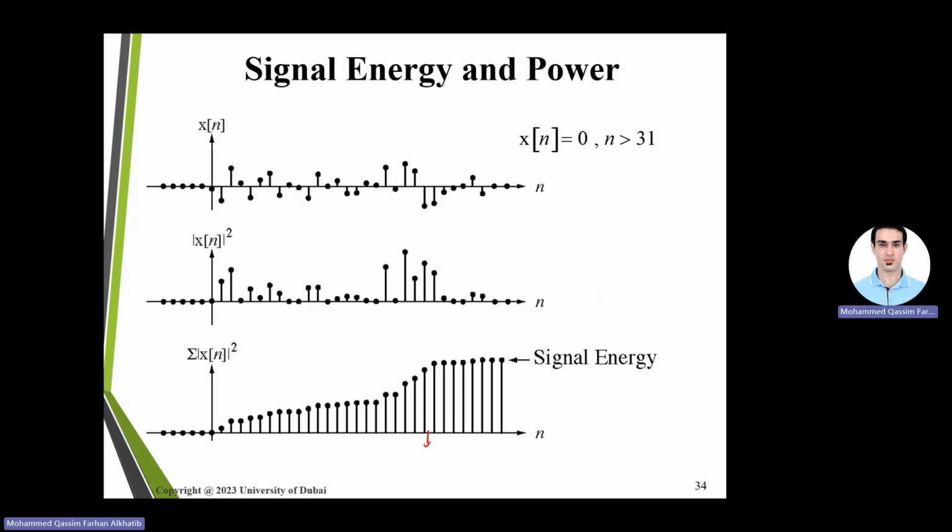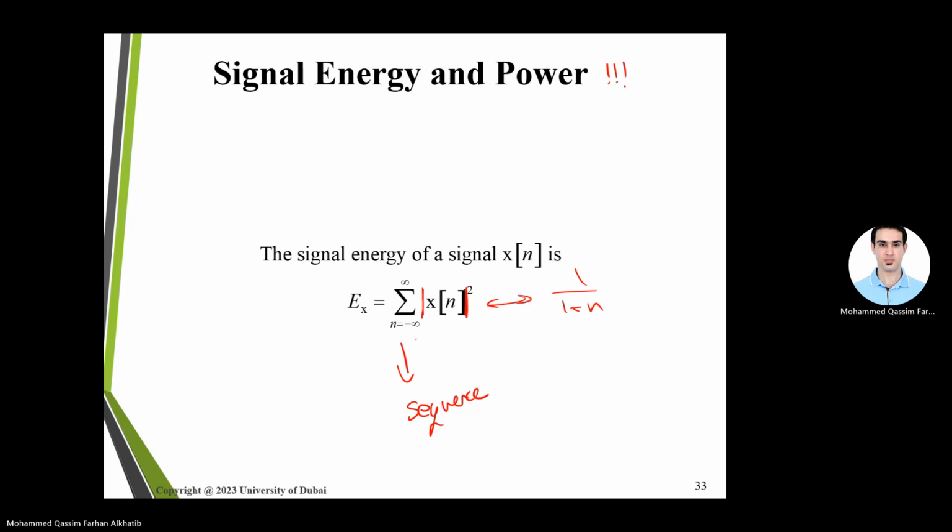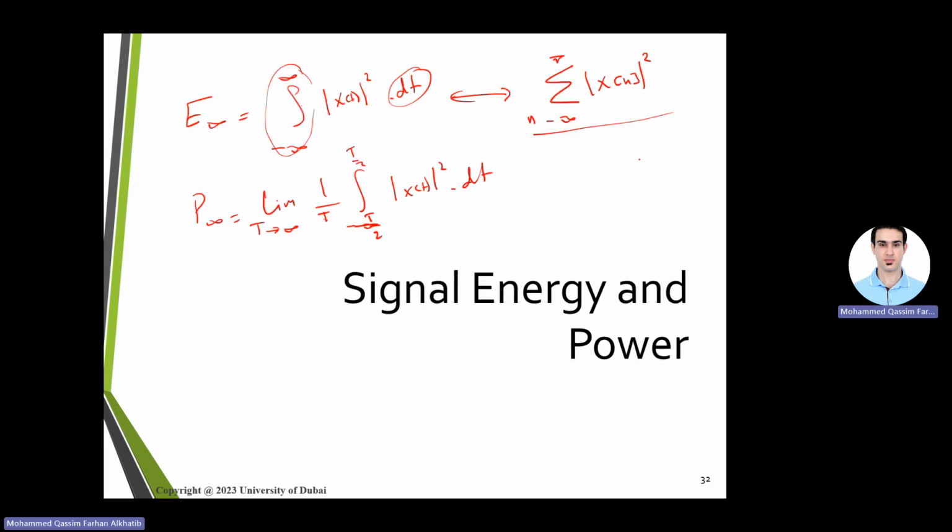Energy signals basically means I'm going to square the amplitude because I want the magnitude. So the negative sign will become positive because I'm taking the amplitude, squaring it, and doing the running sum. That's the energy of the signal. And of course, to have an energy signal, the result of the summation should be less than infinity. Because if it goes to infinity, then the signal is not an energy signal.